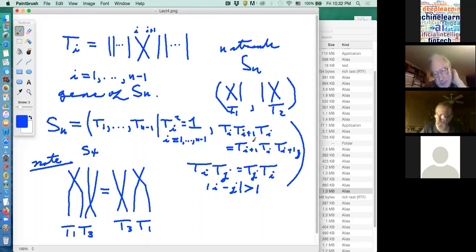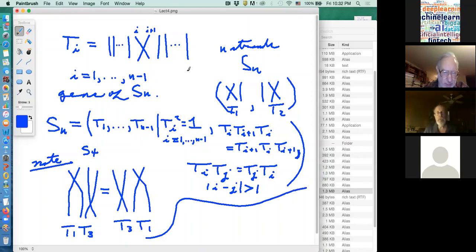Now, one of the reasons that I brought this up is because we can compare this way of thinking about permutations with braiding. And in braiding, we have this.